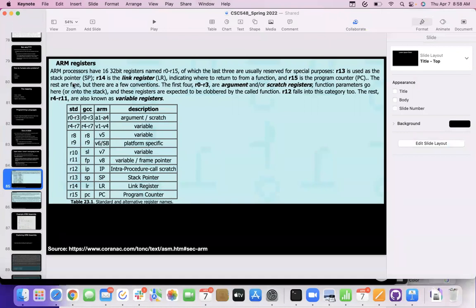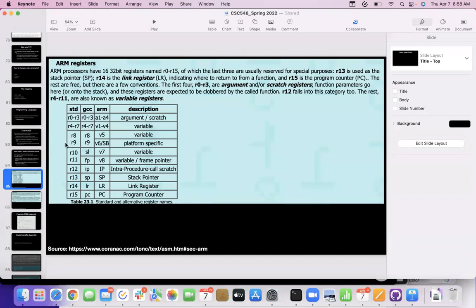So actually, we're going to focus on the left column here. Is that going to be good enough for us? Yeah, the far left column matches up to the text that we have up there. This is our R0 through R15 registers. So R0 through 3 is commonly used for arguments. R4 through 7 are for holding variable pieces of information.